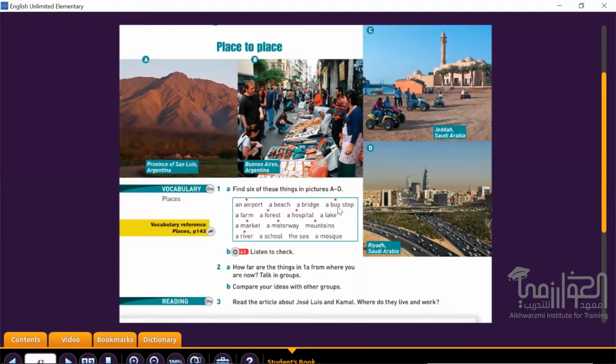Can we see a bus stop anywhere? It seems there is no bus stop in all the pictures. Then a farm, that is Mazra. Can we see a farm anywhere? There is no farm anywhere in the pictures, from A to D.